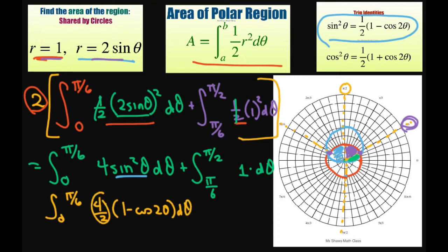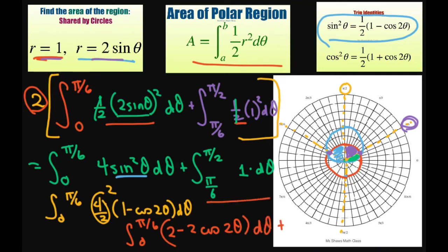Now this is going to be 2, so you get the integral from 0 to pi divided by 6 of 2 minus 2 cosine of 2 theta d theta, plus this part.